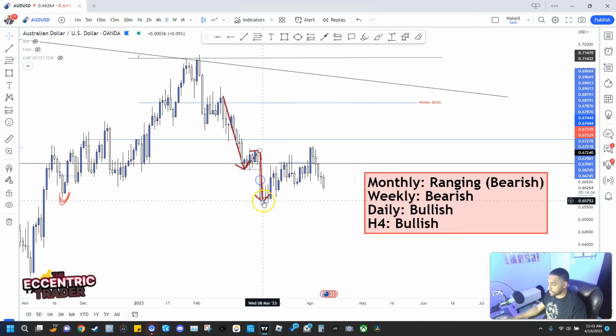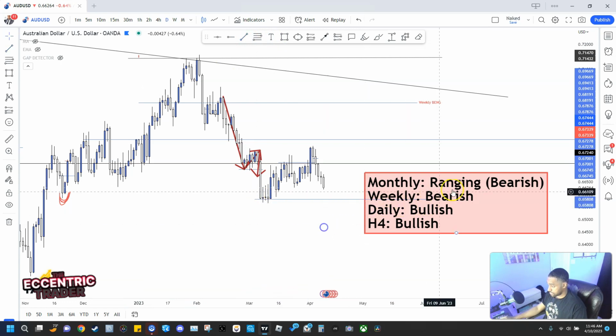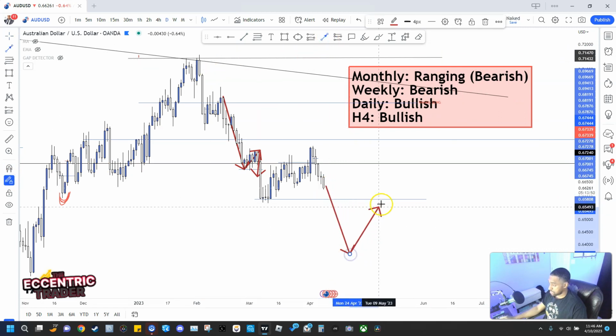If you want to be safe, I would say wait for price to break here at this bottom. If you want to be safe, wait for price to do one of these.